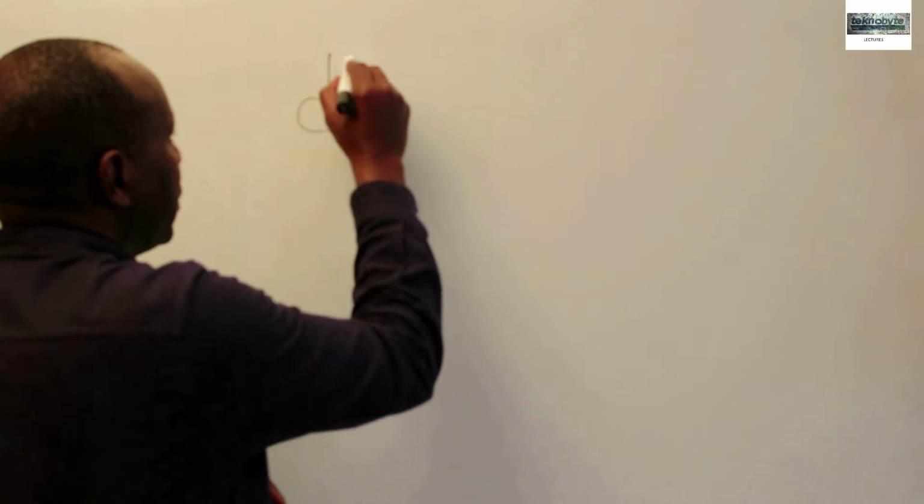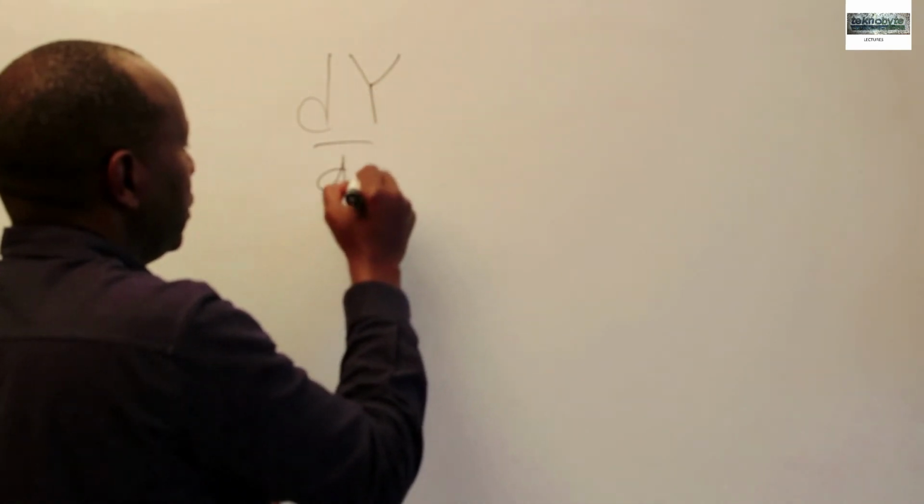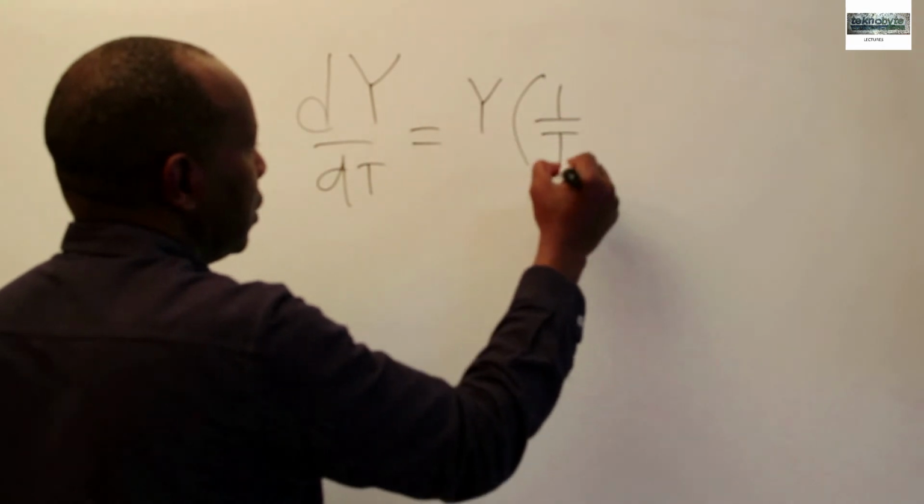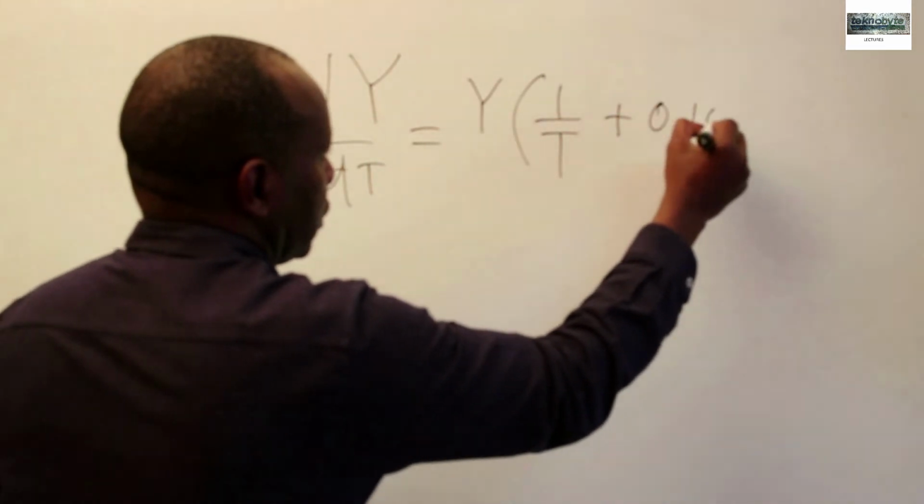We have established that the growth of the coronavirus epidemic, when no measures are taken, the do nothing case, is given by this mathematical model: dy dt equals y times (1 over t plus 0.1004).